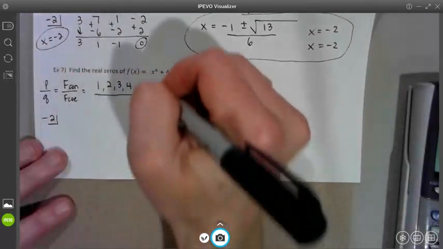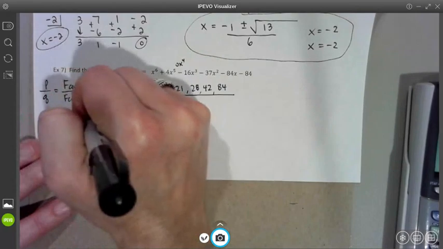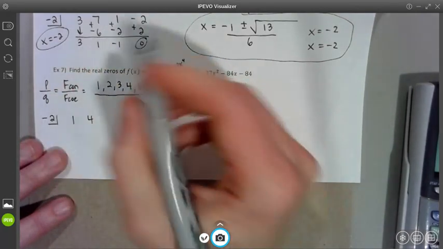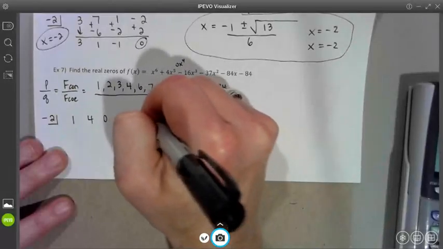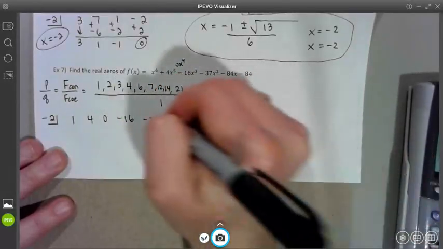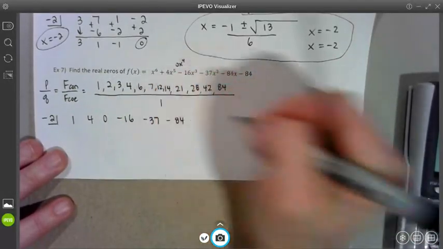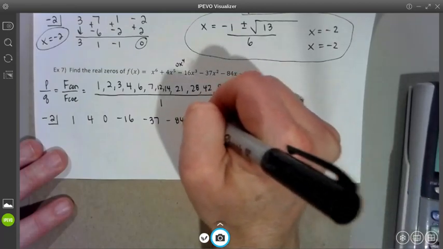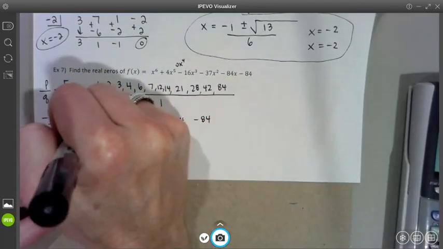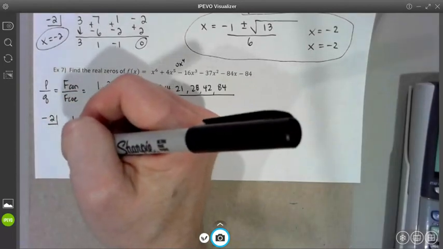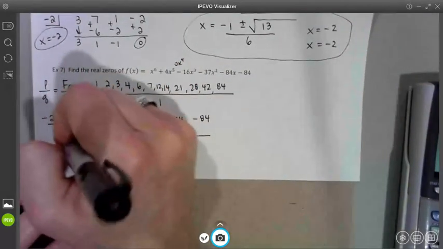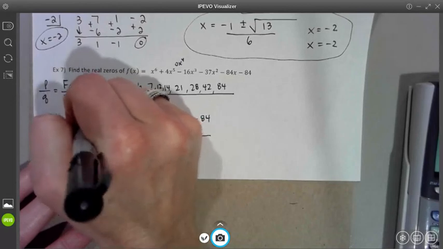So I'm going to get 1, 4, 0, -16, -37, -84, -84, and we're shooting hopefully for a remainder of 0 at the end. So bring down the 1 and let's do this, guys. 1 times -2 is -2.